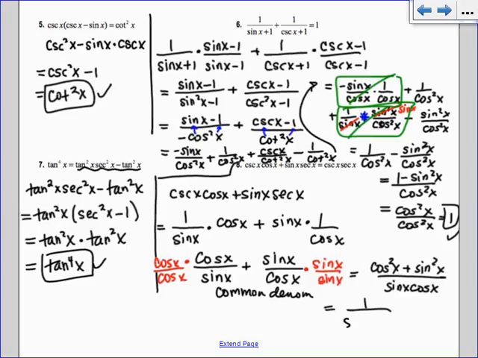So I have 1 over sine of x, cosine of x, which I can break apart into 1 over sine of x times 1 over cosine of x. If you think about how fractions work, like 1 over 2 times 3 is really 1 over 2 times 1 over 3. All right, so I get exactly what I want, cosecant x times secant x. Okay, and we're good.